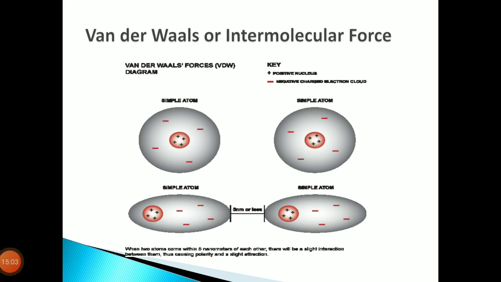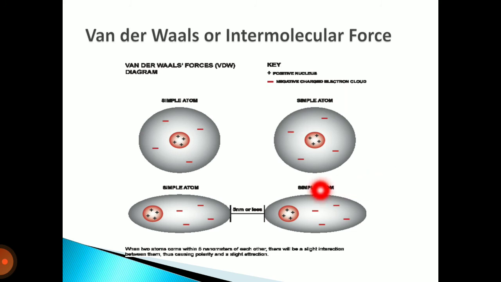Next one is the last type of attractive forces, van der Waals or intermolecular force. Van der Waals forces are the weak force of attraction between electrically neutral molecules that collide with or pass very close to each other. Now it is difficult to locate the position of electrons in a neutral atom. It is free moving, randomly moving.